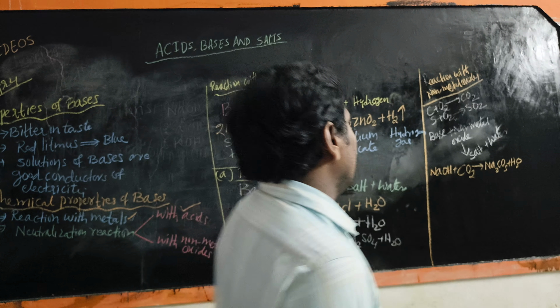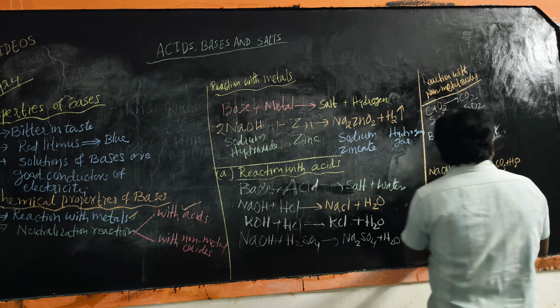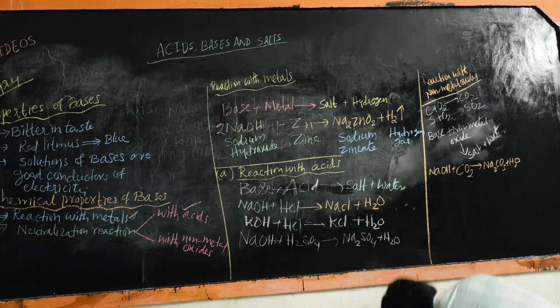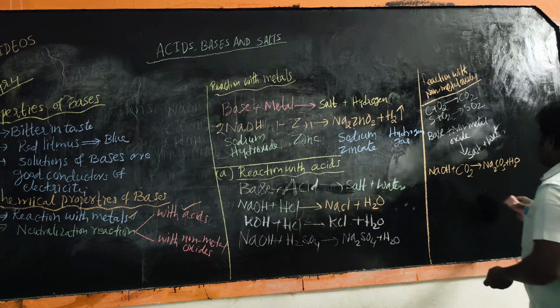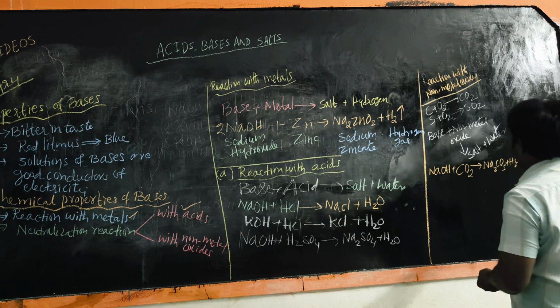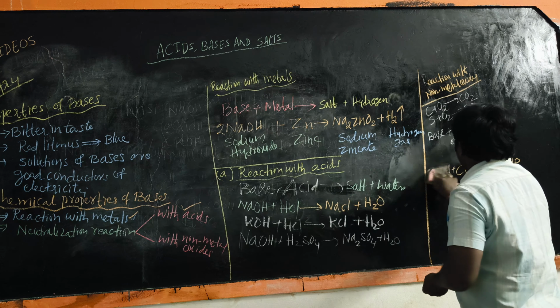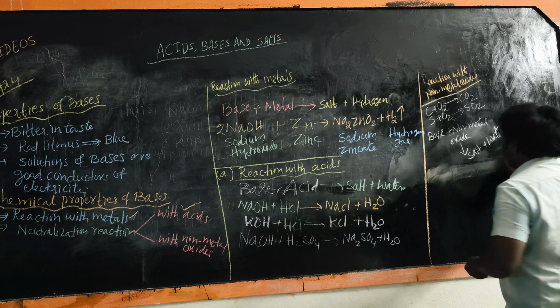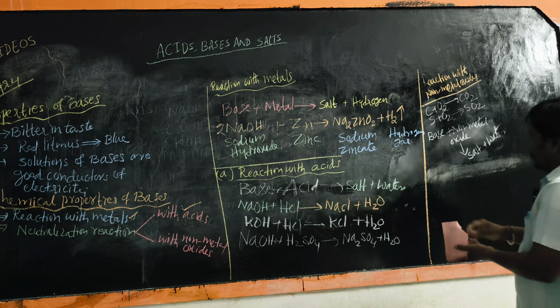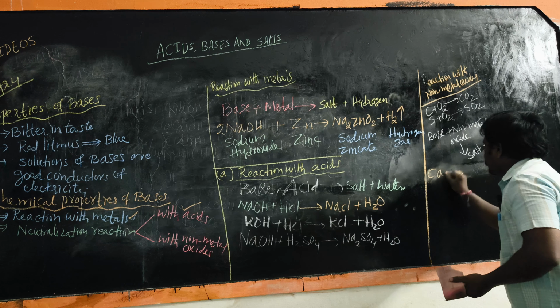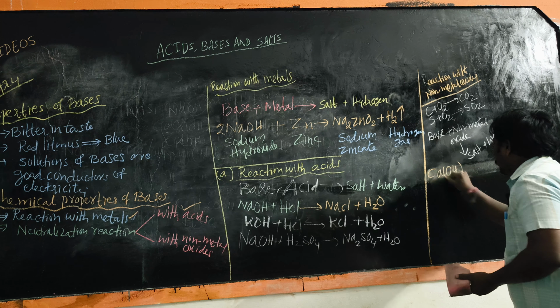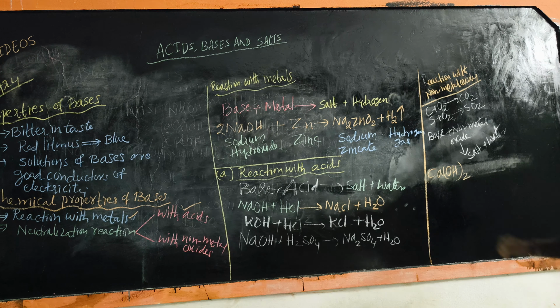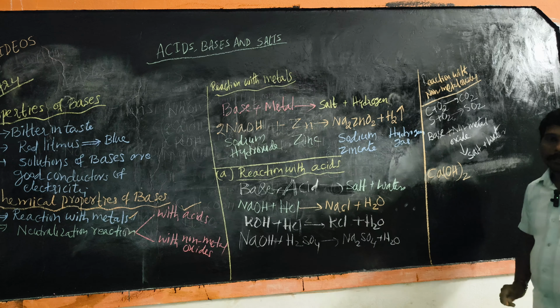Right? So let us take another example. Instead of sodium hydroxide, let us take a familiar example: calcium hydroxide. This is called lime water or slaked lime.